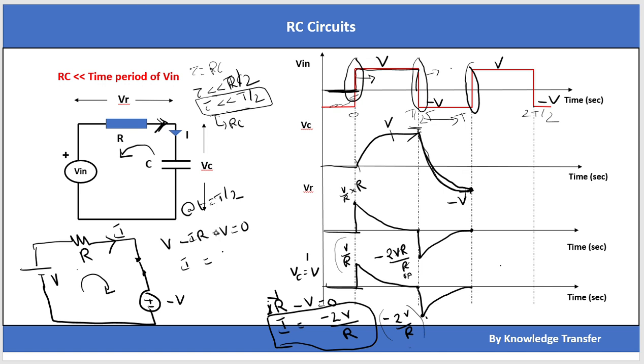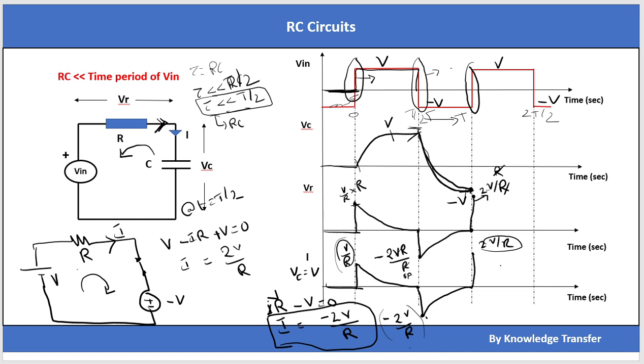Here V is positive, so I is equal to 2V divided by R. So here the current will go to 2V divided by R. Previously, during starting, this is V by R, here this is 2V by R, and here the voltage will be 2V by R into R, R will get cancelled, and it will become 2V.